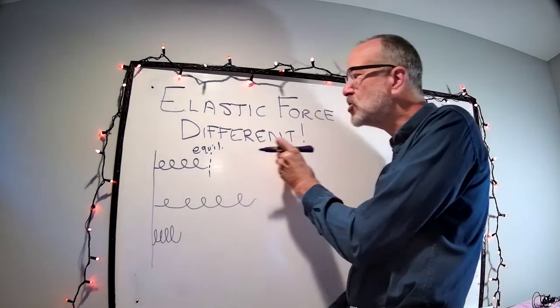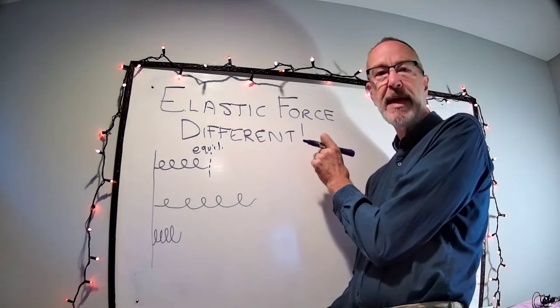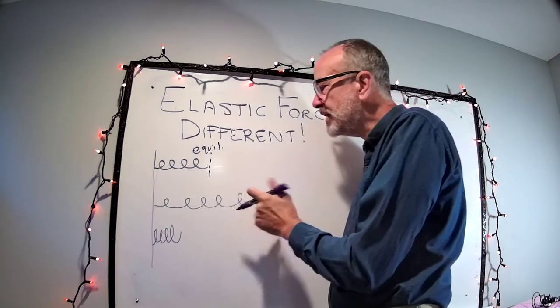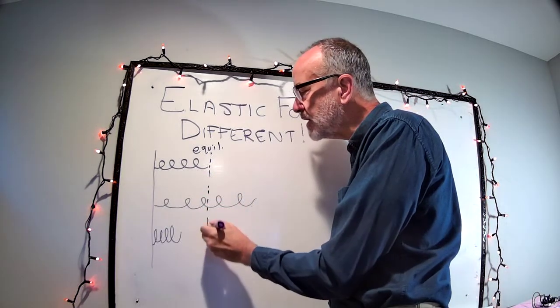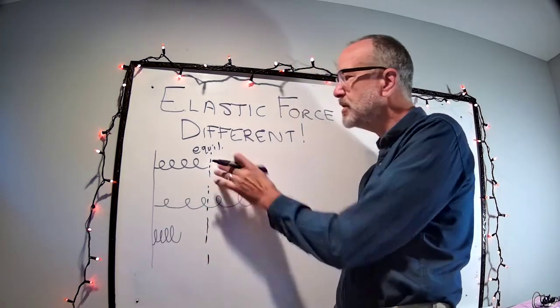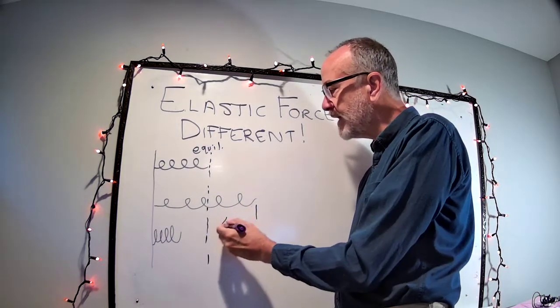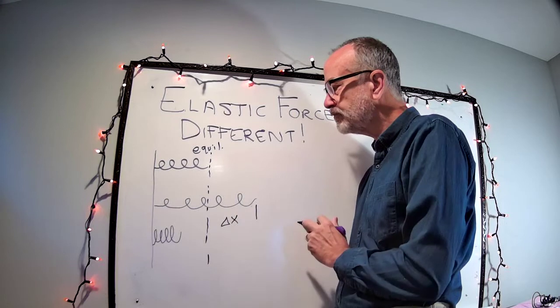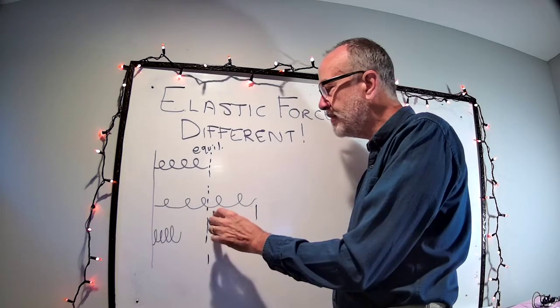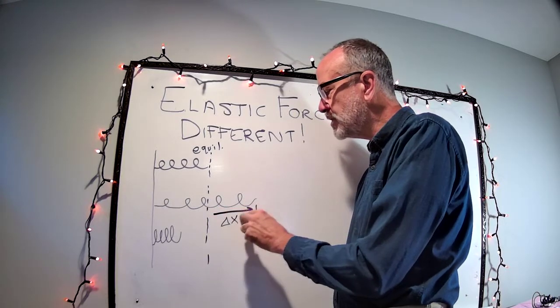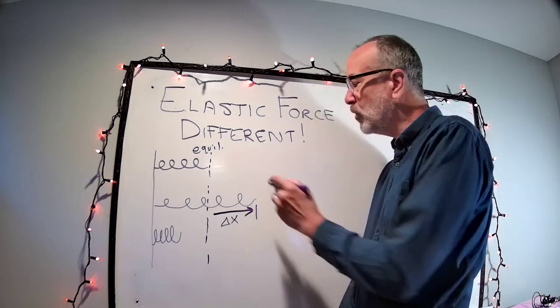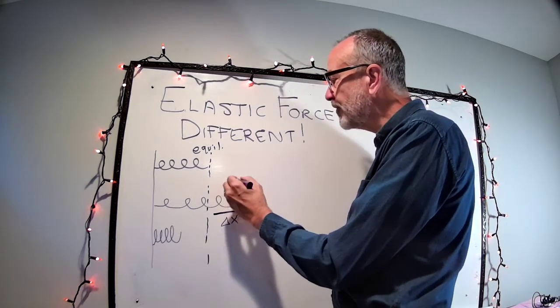So the more I stretch it, the more it pulls back. So if I stretch it this far, and again, let's just draw our equilibrium position all the way down. So this is how long the spring would normally be. If I pull it this far, and we'll call that a delta x, if I pull with this force, then the spring force will be back in that direction.